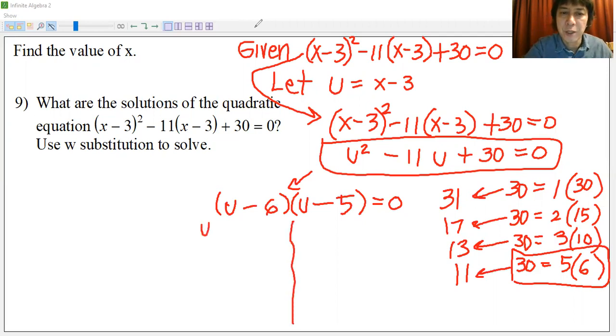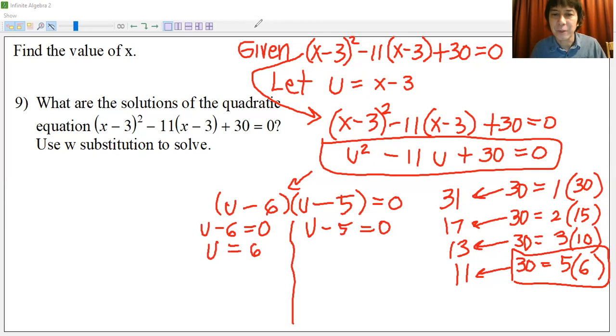This is u minus 6 equals 0, and this is u minus 5 equals 0. Solving for u, from the first equation, we add 6 to both sides. Your value for u is 6. And for the other one, if you add 5 to both sides, your value there is 5.